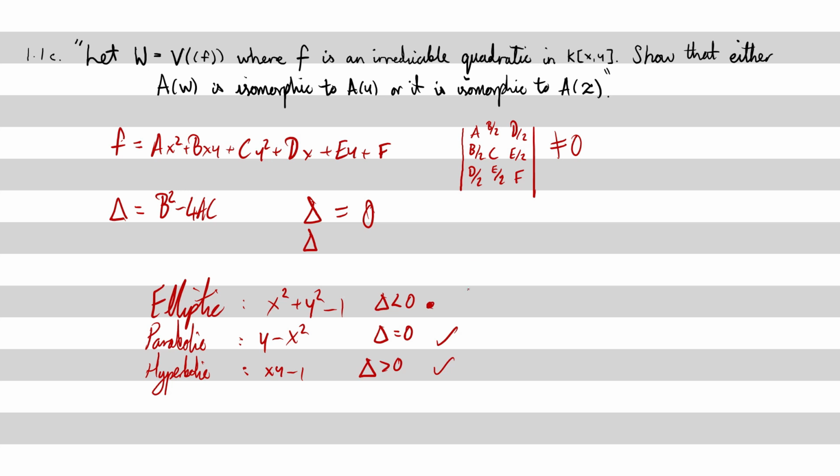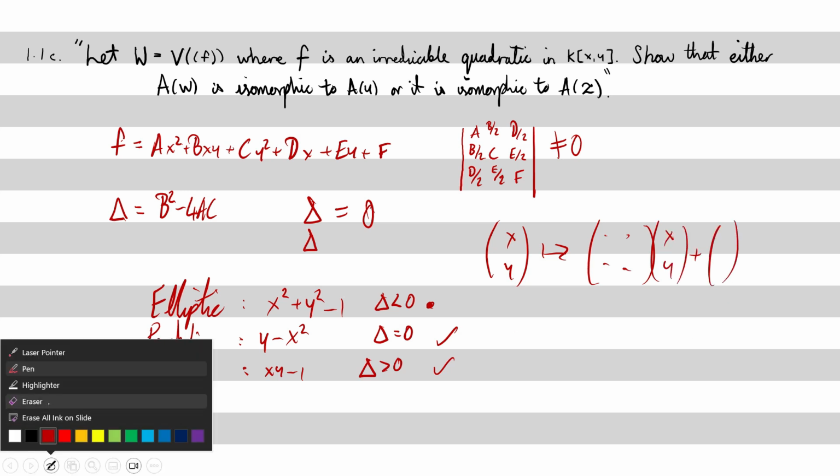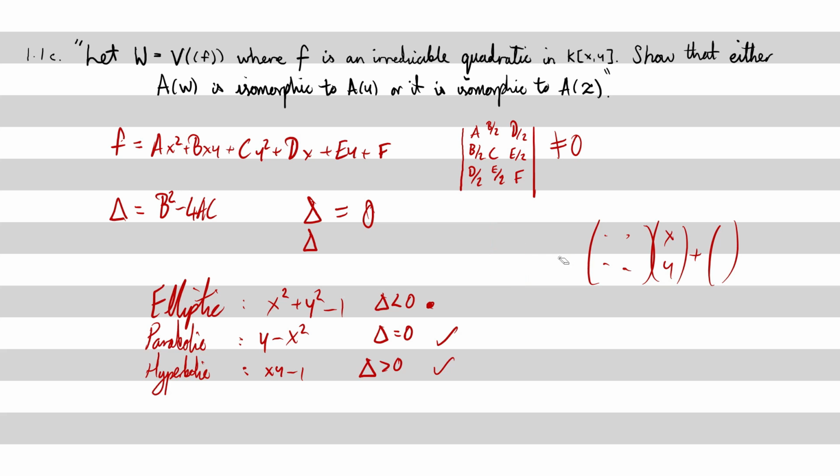And it's a fact that if you change coordinates linearly, or not even linearly, by affine changes of coordinates, which means (x, y) goes to some matrix times (x, y) plus some vector, then your affine coordinate ring is the same.